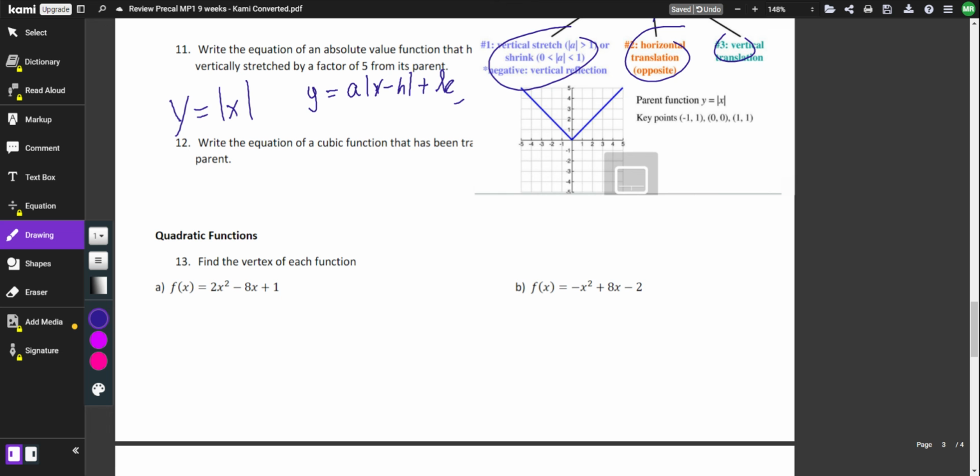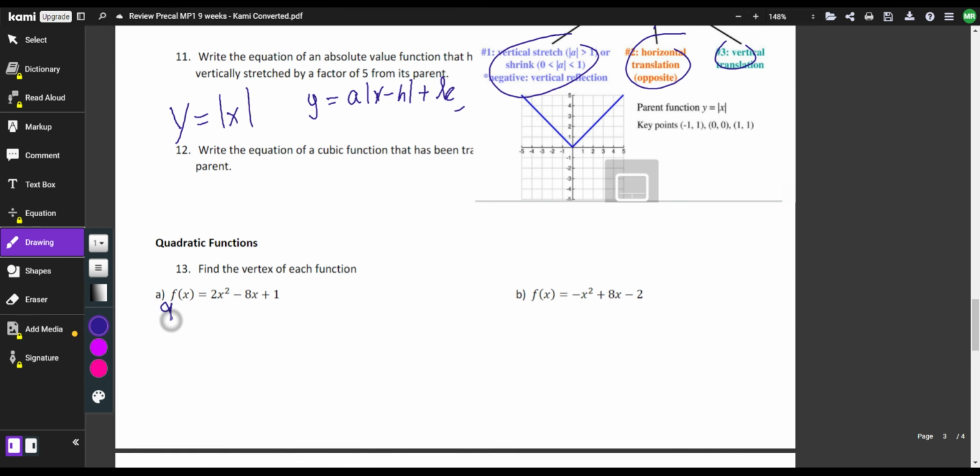For the quadratics, what I would do is graph these in the graphing calculator. I would literally just type this into the calculator. And then remember, wherever it crosses the x-axis are the solutions.